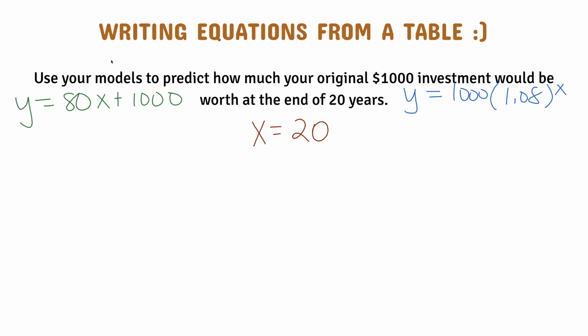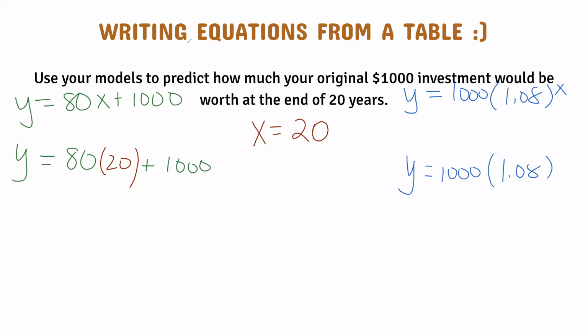So I have got y is equal to 80 times x, and we know x is 20. And then in my other equation, I've got y is equal to 1,000 times 1.08 to the x power, which we now know is 20. All we have to do at this point is a little bit of calculator work.